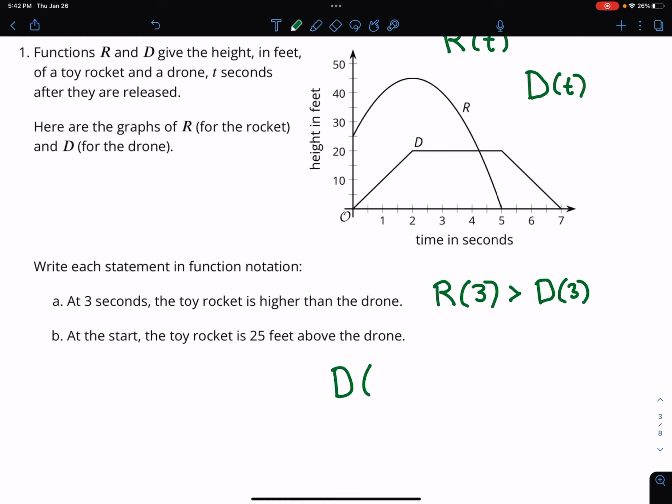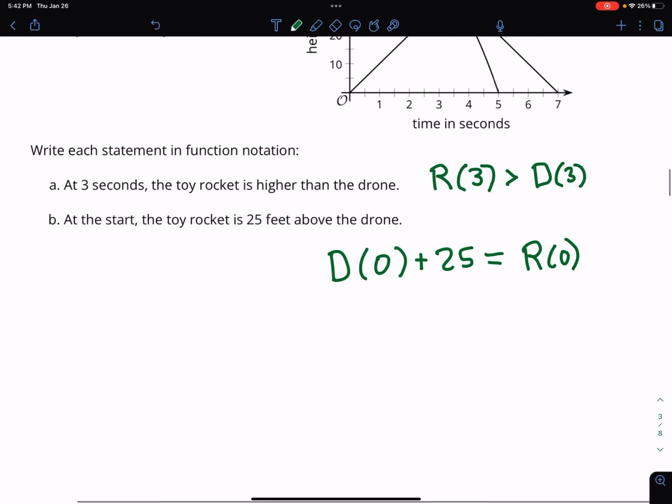They said at the start. So 0 seconds have gone by. D of 0 plus 25 feet would be equal to that initial height of the rocket, R of 0, the height of the rocket after 0 seconds. Now, there's other ways you could write this. This is not the only way.